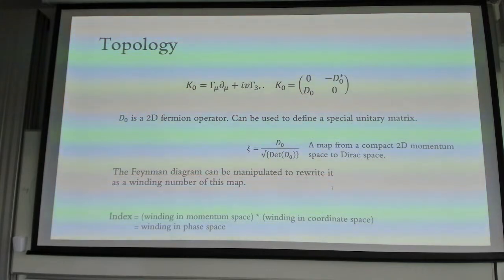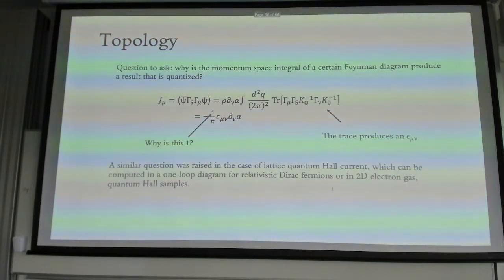And this special unitary matrix is a map from a compact 2D momentum space to a 2D Dirac space. And so the Feynman diagram can be manipulated to rewrite as a winding number of this map. So the index in this case is a winding number in momentum space times the winding number in coordinate space. So this part of the expression is a winding number in coordinate space, and this one is a winding number in momentum space.